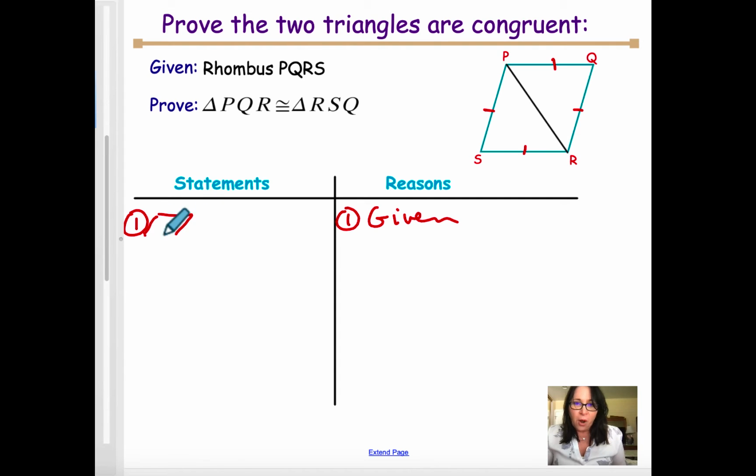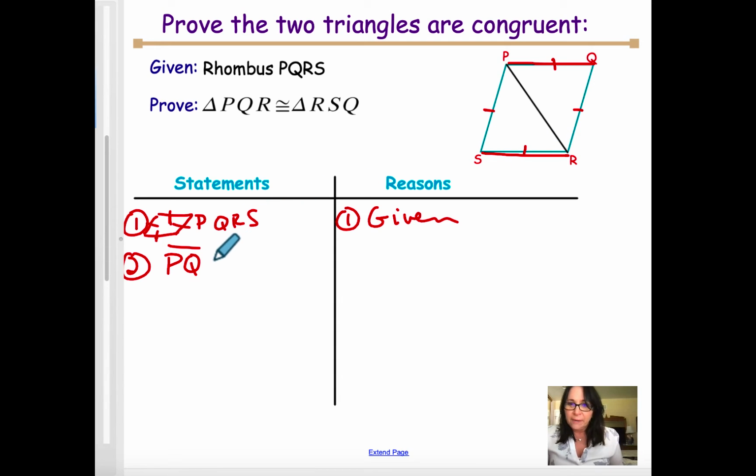So I'm going to say rhombus PQRS, and I'm going to distinguish this as a rhombus because it has 4 congruent sides. Number 2, I'm going to say that line segment PQ is congruent to line segment SR. I'm also going to say line segment QR is congruent to line segment PS.